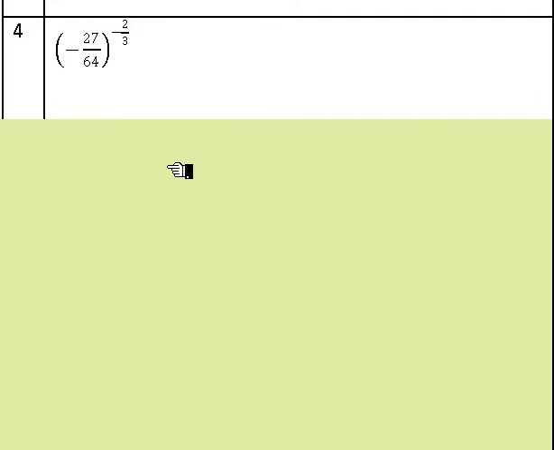Now we have a fraction to a negative exponent, minus 2/3. So remember the rule. Let me just show you on the side here. If we have a fraction raised to a negative exponent, take the reciprocal of the fraction and change the exponent to positive n.